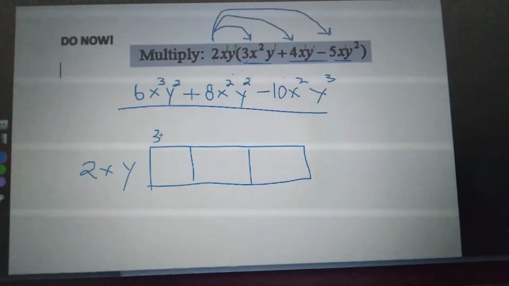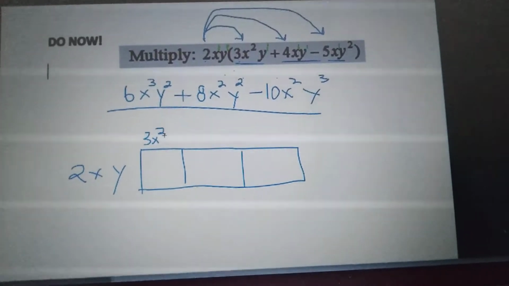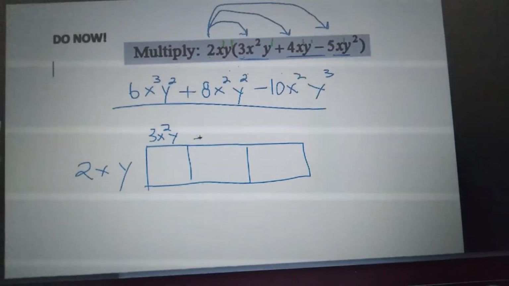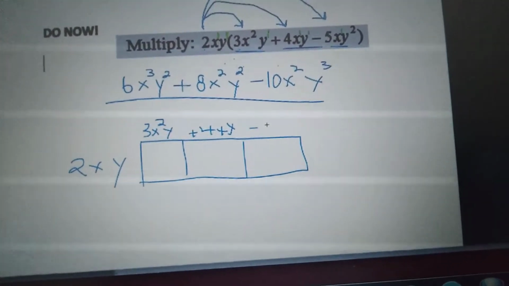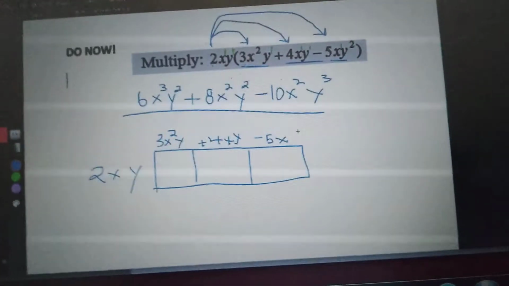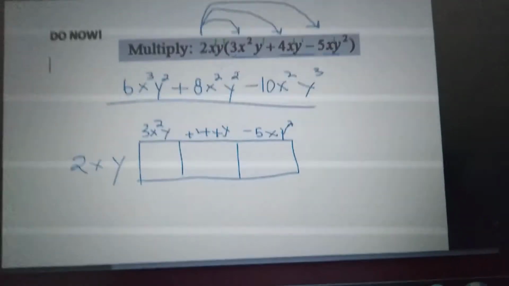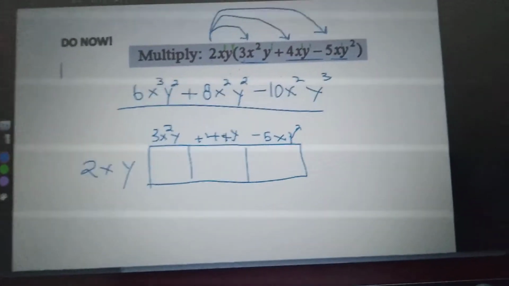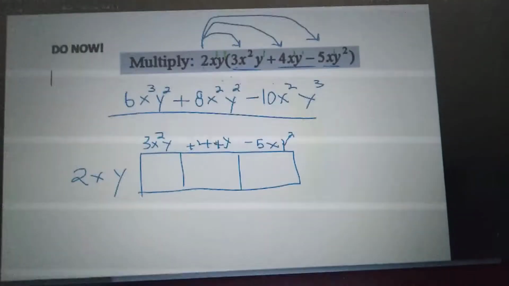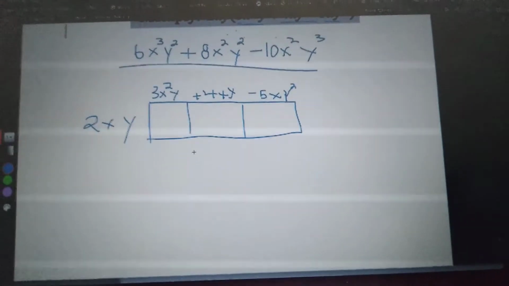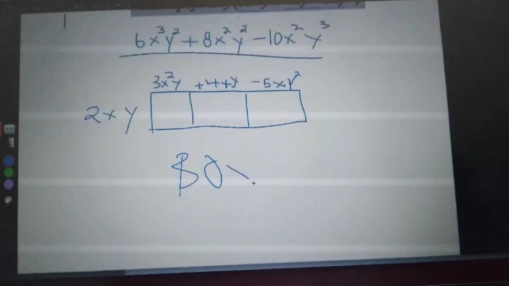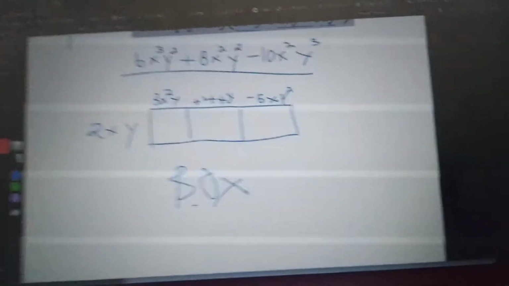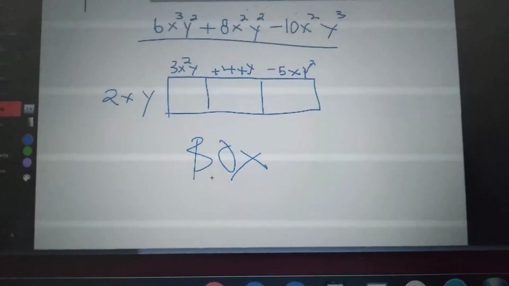So this would be 3x squared y, and then plus 4xy, and then minus 5xy squared. My y is backwards. You guys all remember this from last week, Friday? I called this what method? The box method.